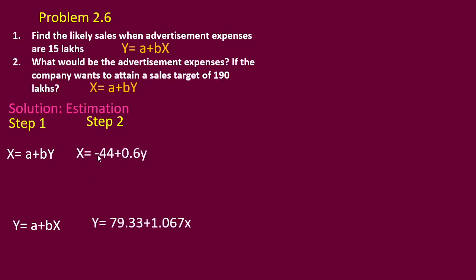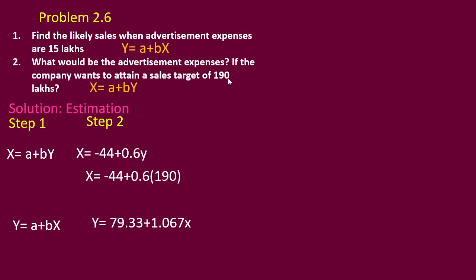Here x equals minus 44 plus 0.6 y. Y means sales and x means advertisement. So I will apply x equals minus 44 plus 0.6 into y. Y means sales.